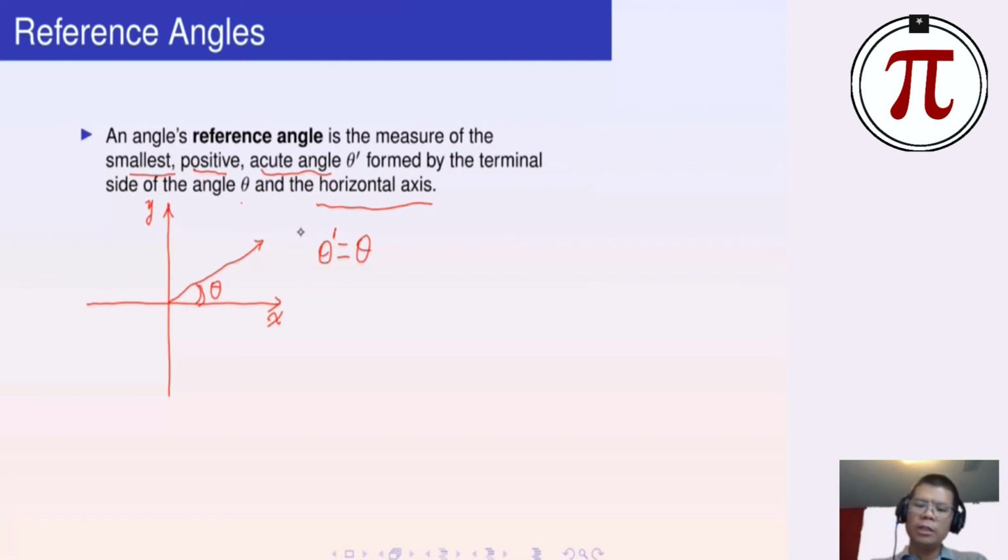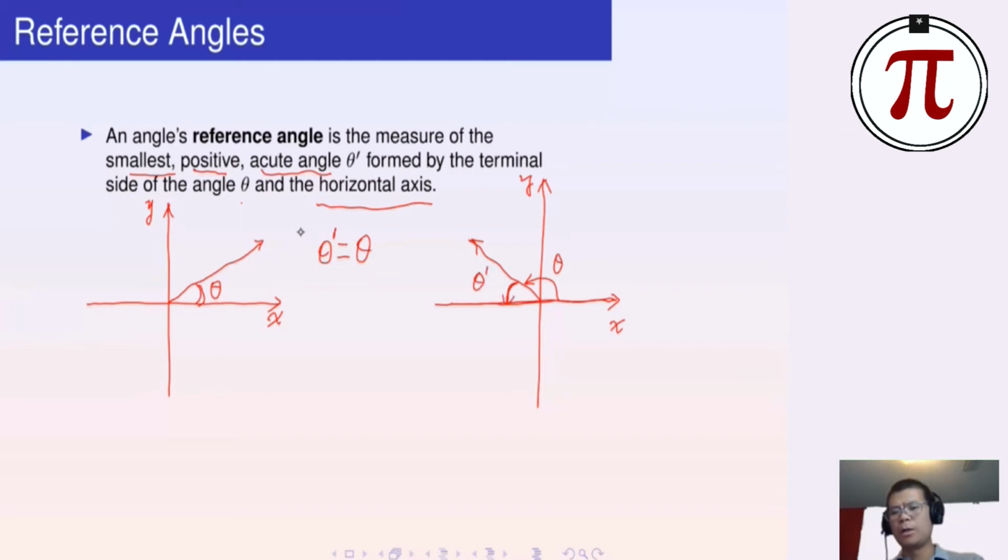Now, if it is in the second quadrant, this is theta. Then what is the smallest positive acute angle formed by the terminal side and the horizontal axis? The horizontal axis is the x-axis.